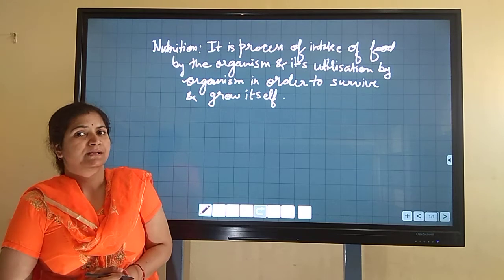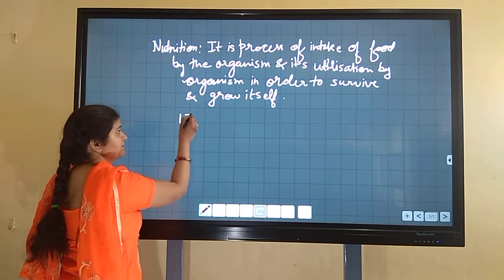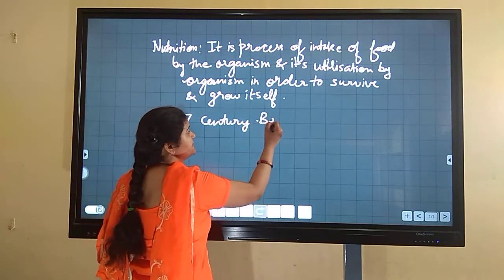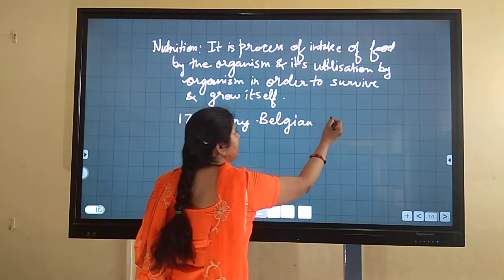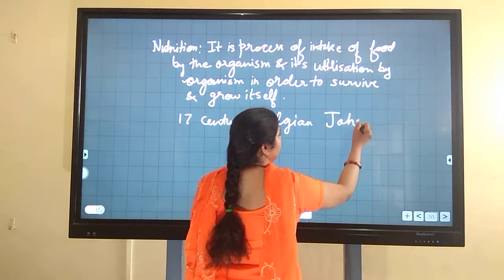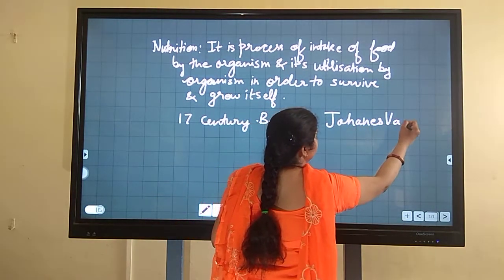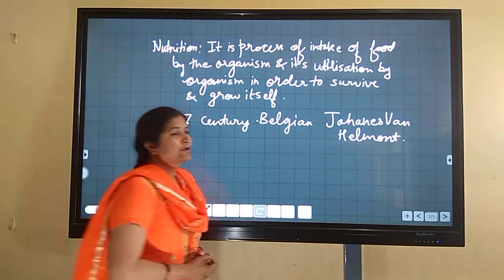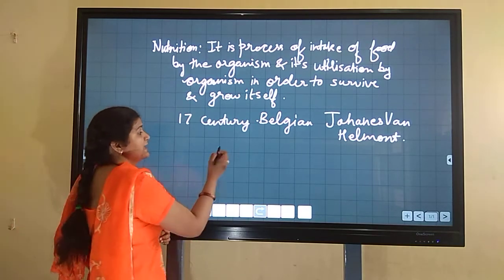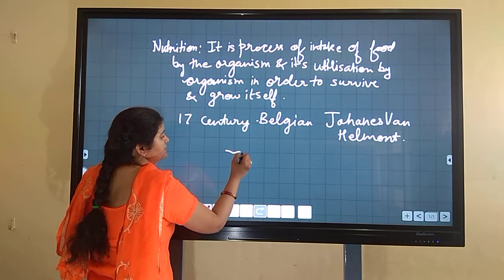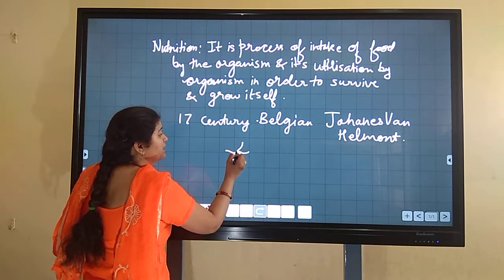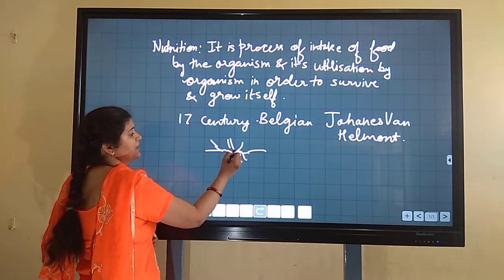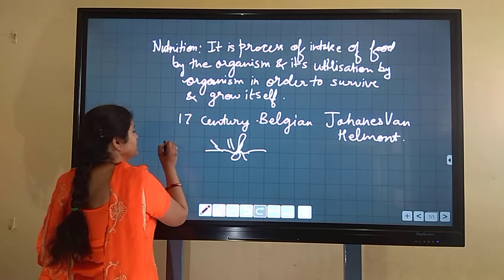This is nutrition. The experiment was done in the 17th century by a Belgian scientist, Johannes Van Helmont. He put a seed in the soil and watered that plant, and grew that plant for 5 years.